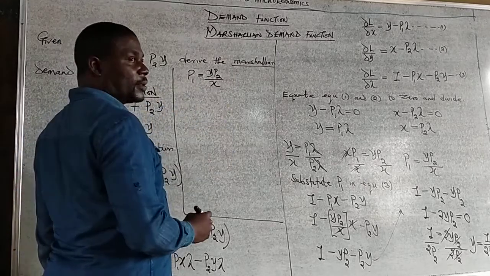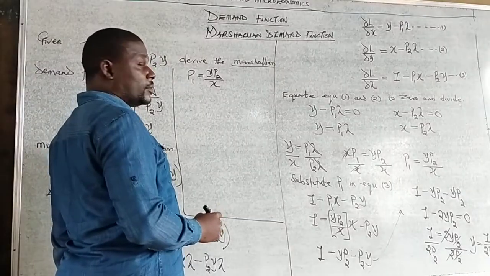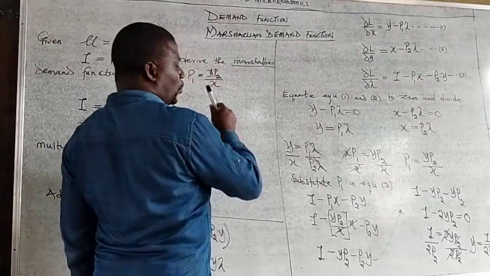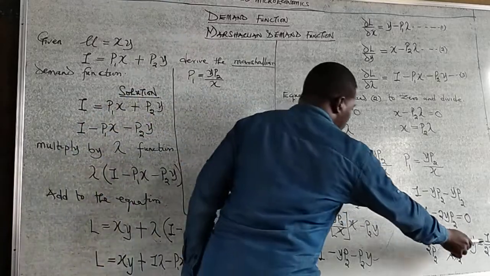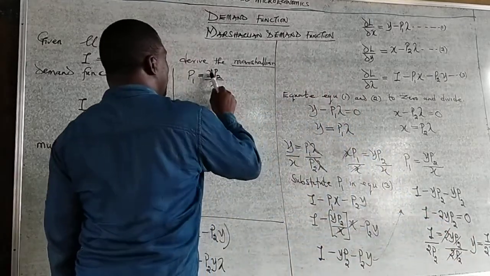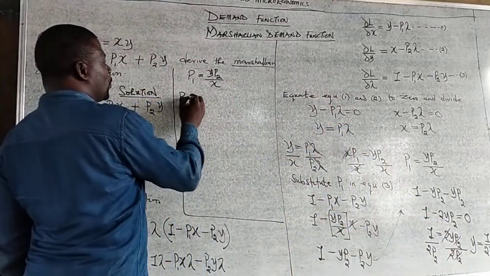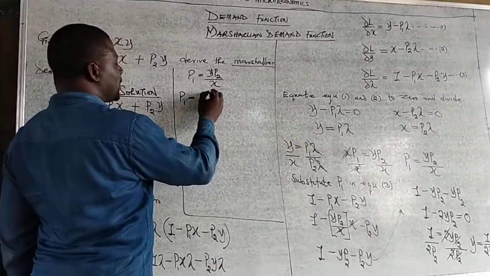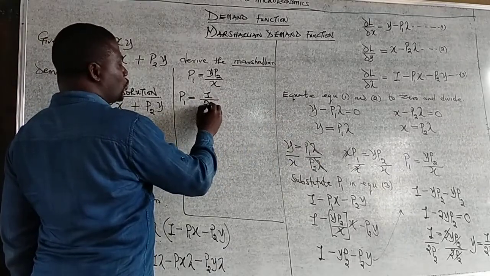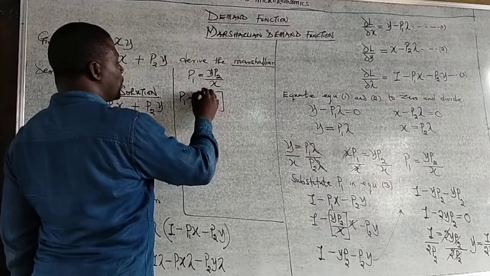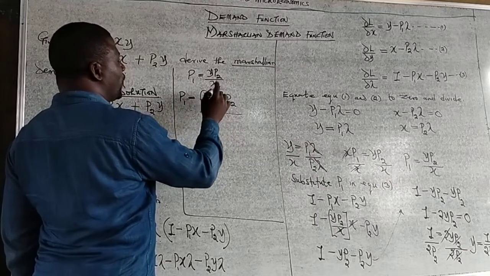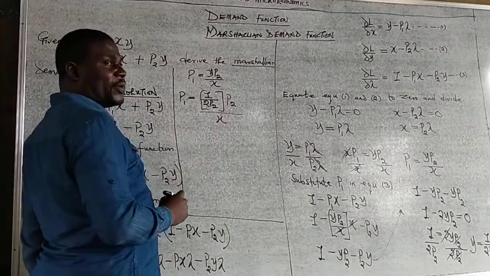Can I continue? So where I see y, let me put this. My p1 will now be equal to I over 2 p2, in bracket, p2 all over x. Do you understand what I did here?